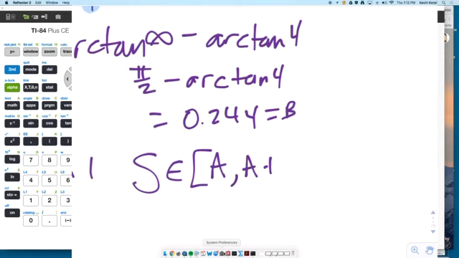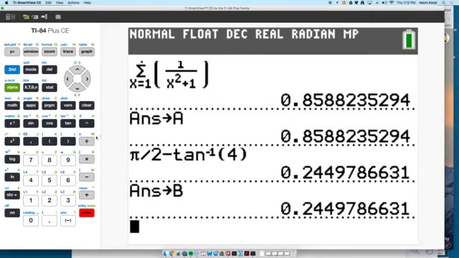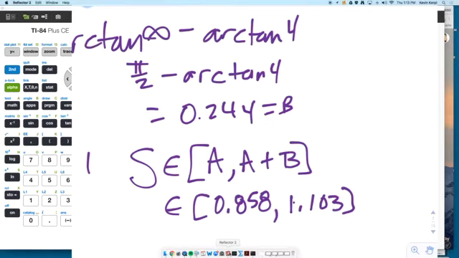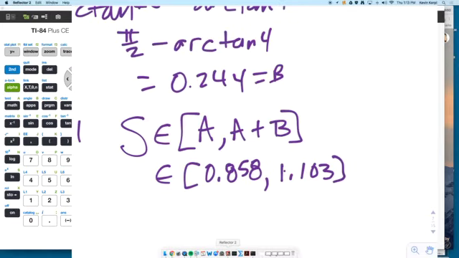And then the upper bound would be A plus B. So very quickly in the few minutes that remain, it's going to be between 0.858, and then if I add the remainder to what I stored as A, I get a safe upper bound of 1.0103. Okay, cool. And that's pretty nice. That's about the best we can do without finding the actual sum.